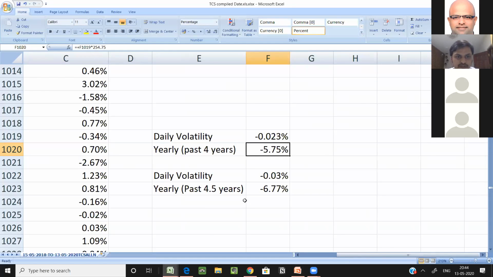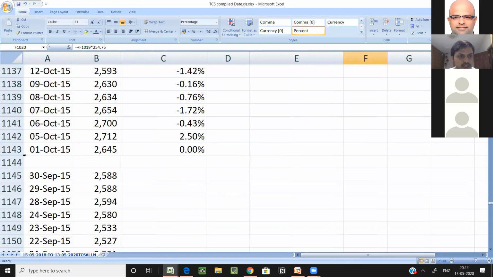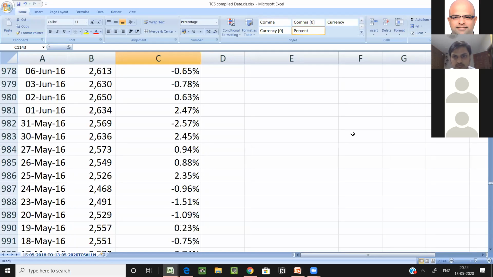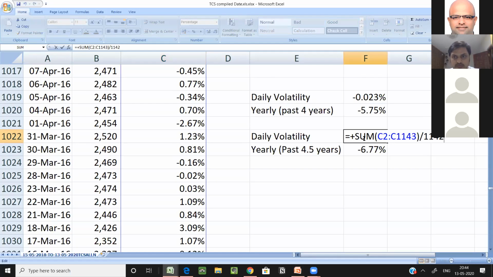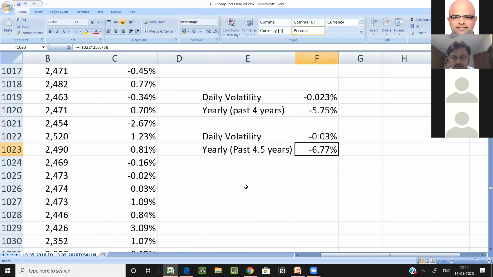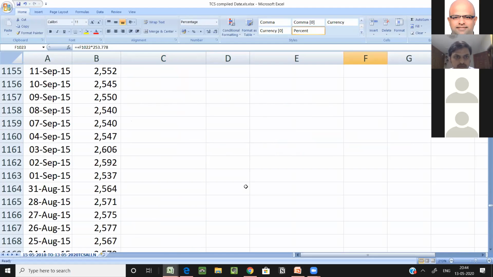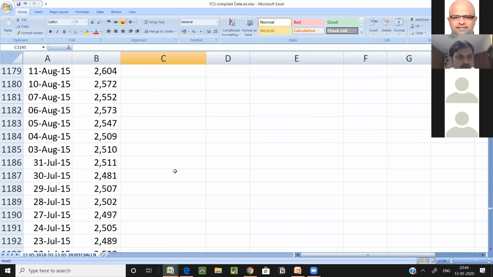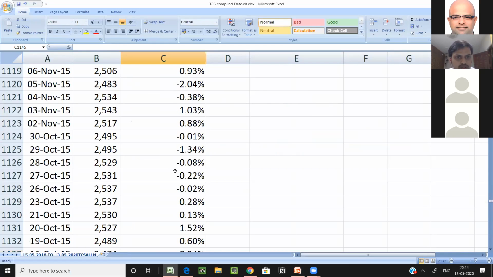Now we shall do the 5-year calculation also quickly. So 5 years would probably be 1st April 2015.